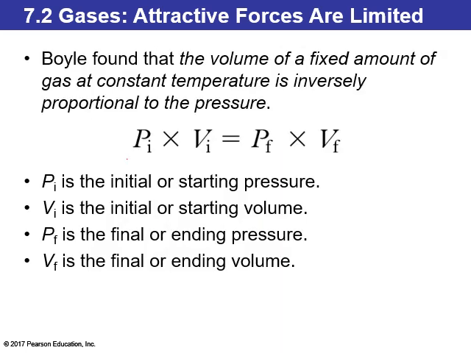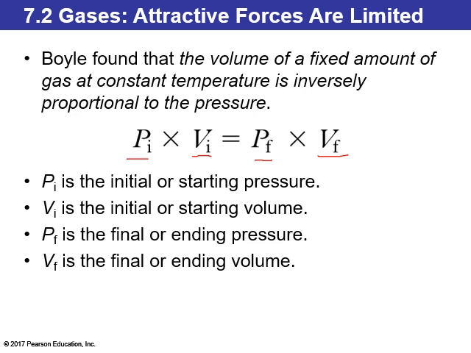So our formula for that is P1 V1 equals P2 V2. That's how I was used to saying it instead of this initial-final thing, where it can be P initial, V initial equals P final, V final. So your starting pressure and your starting volume multiplied together are equal to the final pressure times the final volume.